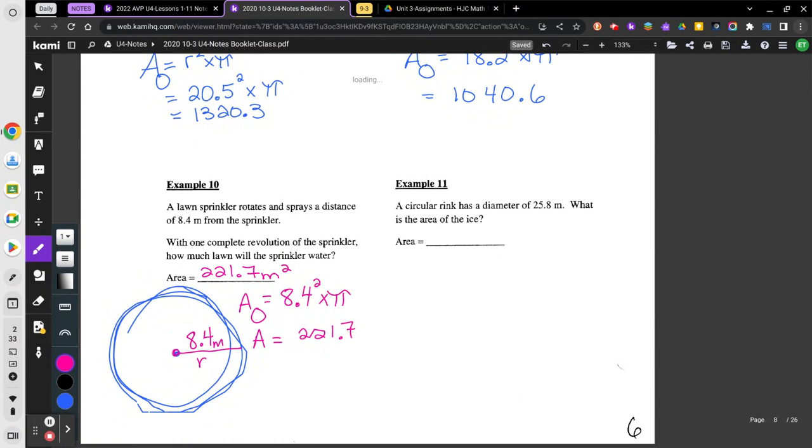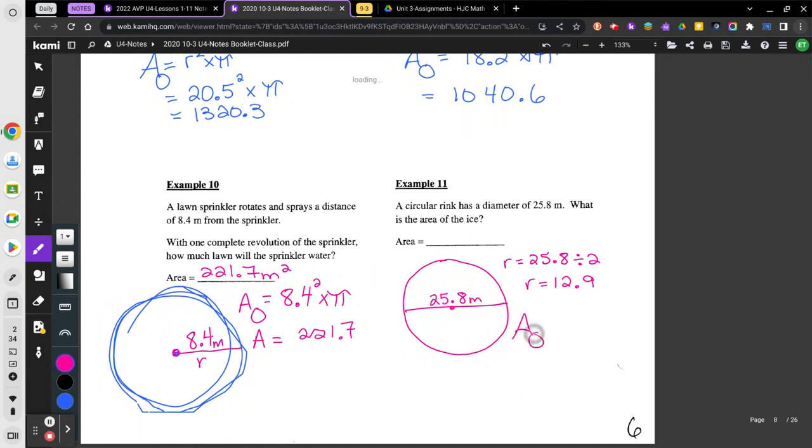Okay, last one. This one is telling us we have a circular rink, but we have a diameter. Diameter's all the way across is 25.8 meters. I need to cut that in half to find the radius. So radius is 25.8 divided by 2. So my radius is 12.9.